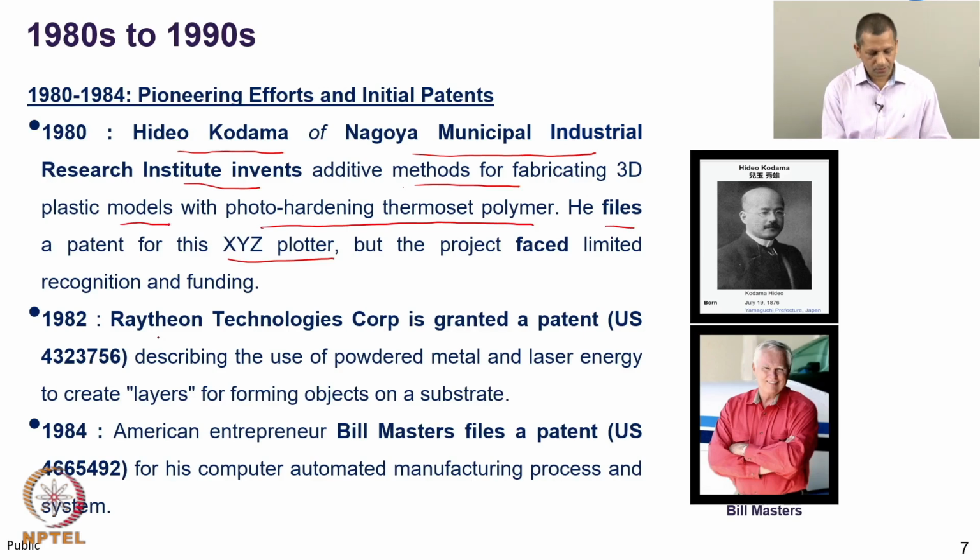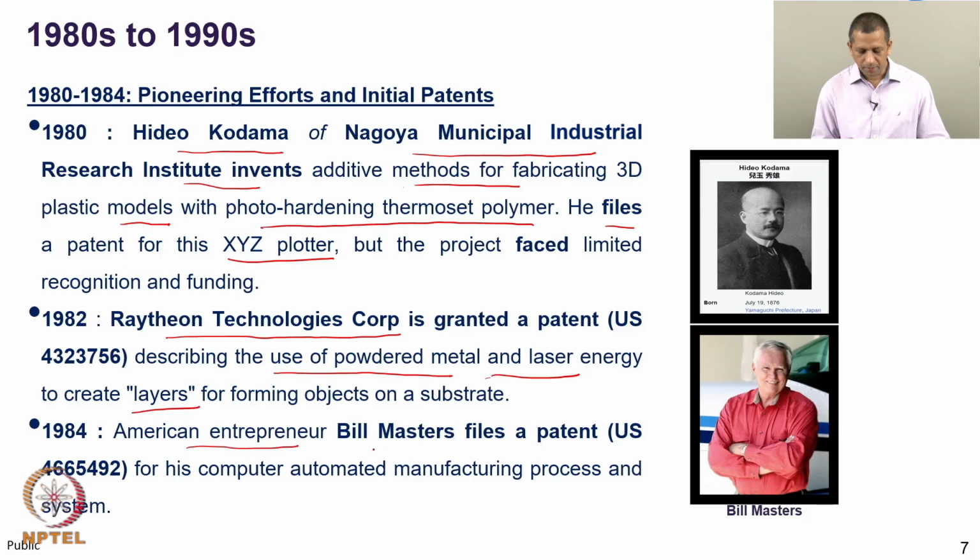In 1982, Raytheon Technology Corporation was granted a patent to make use of powdered metal with laser to make objects layer by layer. An American entrepreneur called Bill Masters filed a patent for automating manufacturing processes, and this technology was later used for additive manufacturing as well.